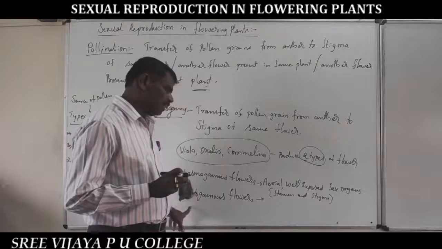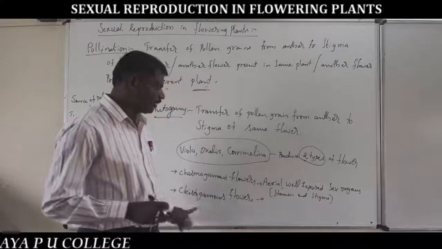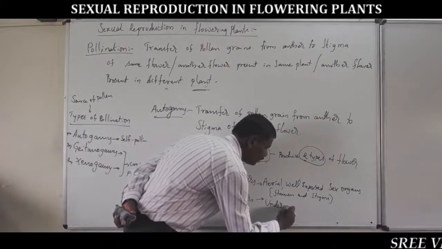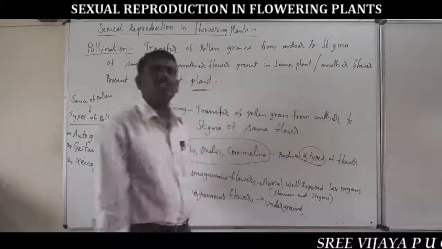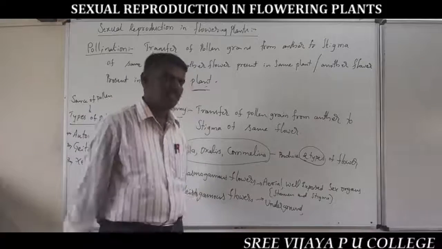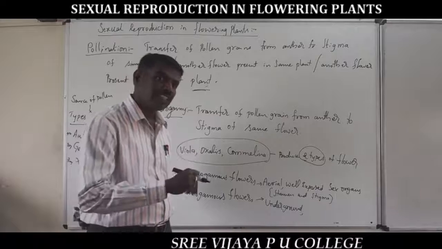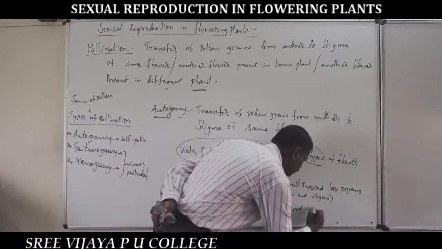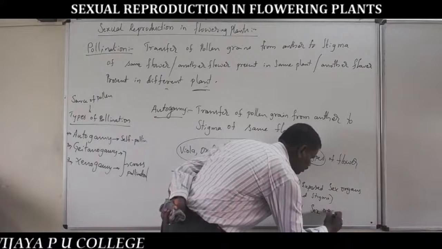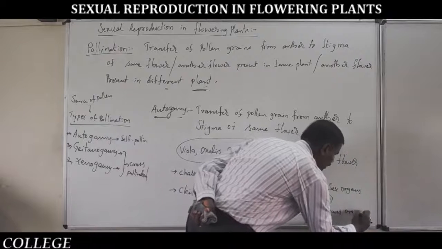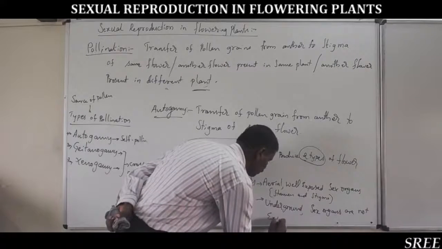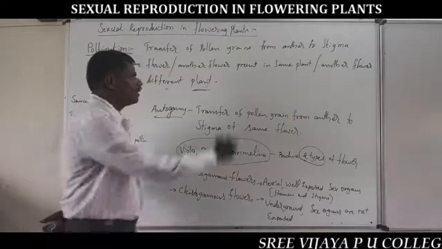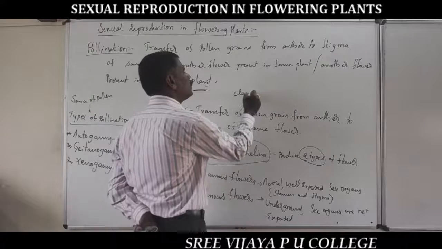The clistogamous flowers are underground, present inside the soil. Here the sex organs are not exposed. They are always closed flowers.